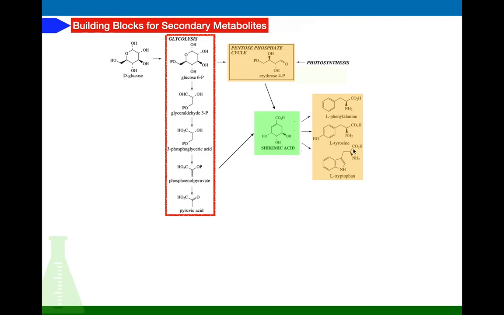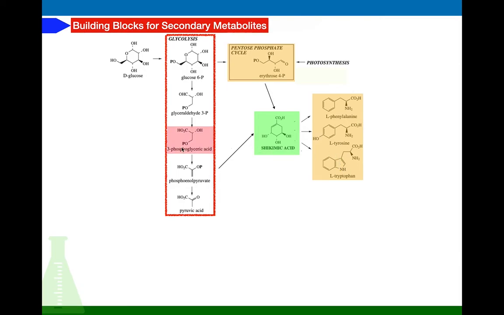A lot of natural products, like the nitrogen-containing secondary metabolites or alkaloids, are produced from these amino acids.